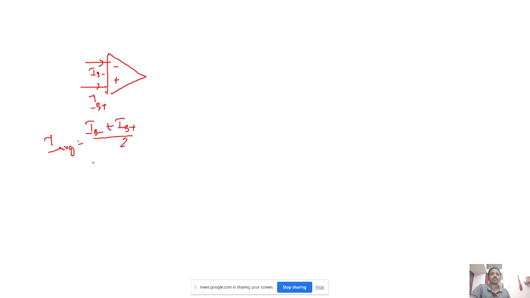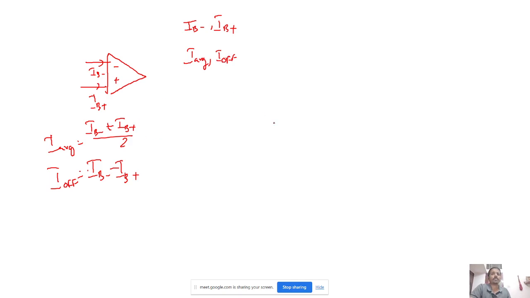And offset means the difference between these two. That is offset, the offset between the bias currents. If they specifically mention IB minus and IB plus, fine. But if they give I average and I offset, we have to determine IB minus and IB plus from here.